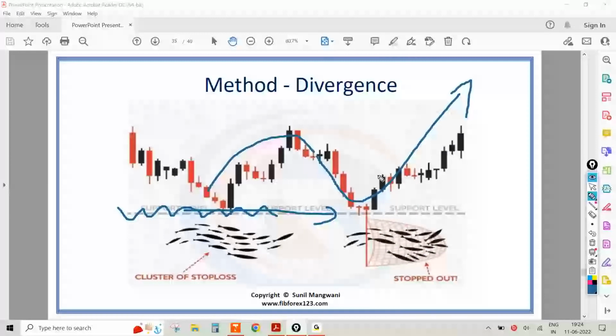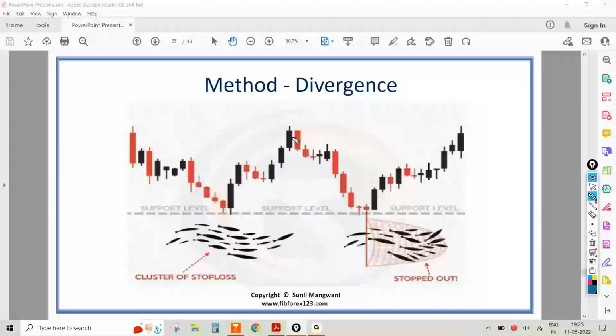And obviously if they place their anticipatory buy orders, they will keep their stop losses below this support level. If you know it and I know it, the institutes know it. So what they will do is they will tend to drive price beyond this, take out the stop losses. And I like this image because it's like collecting all the fish in a net. You collect all the money from the retail traders and then price moves in the direction.